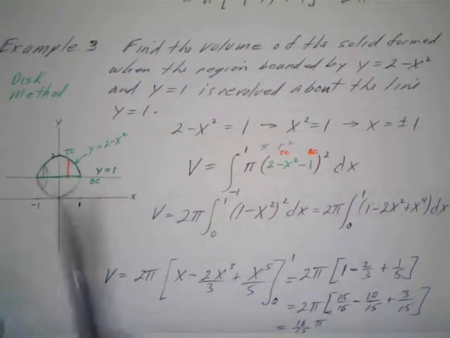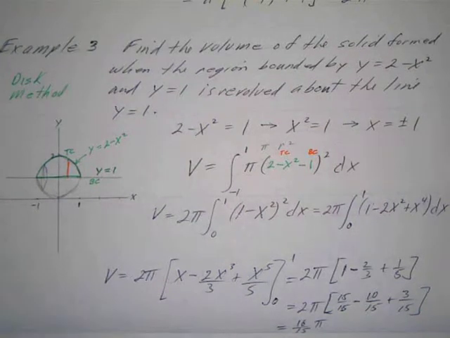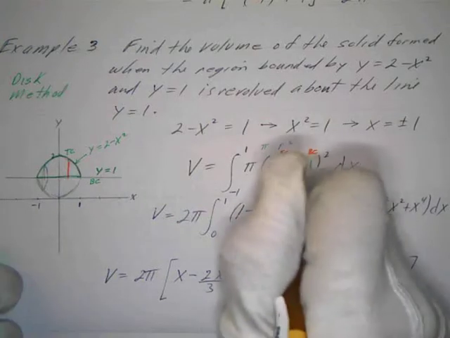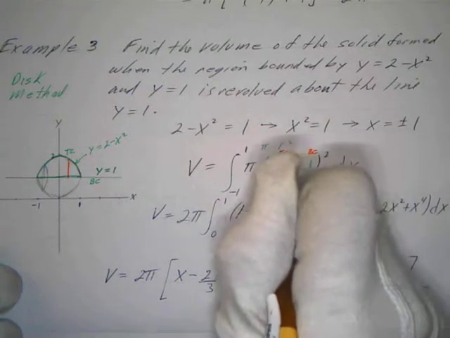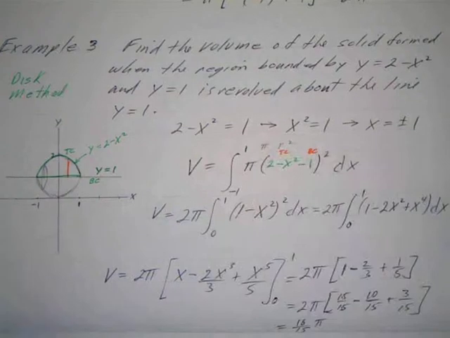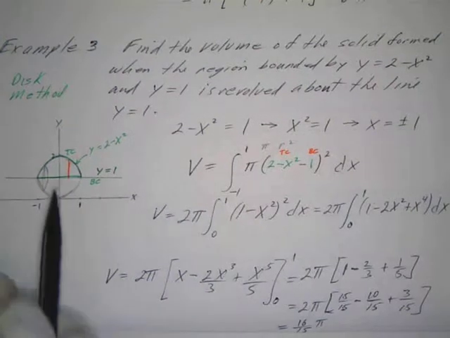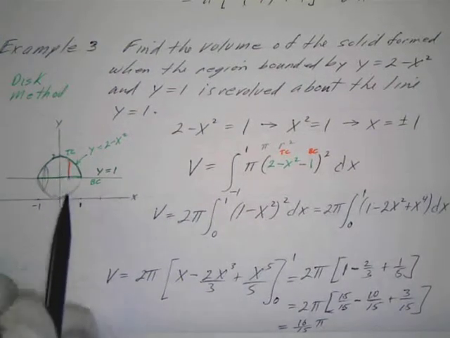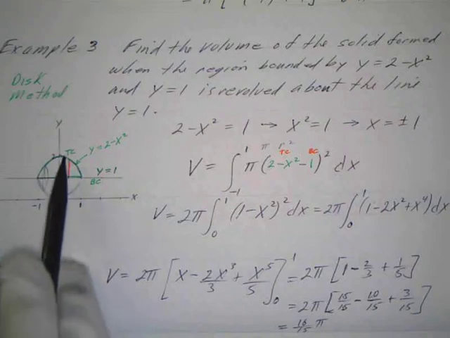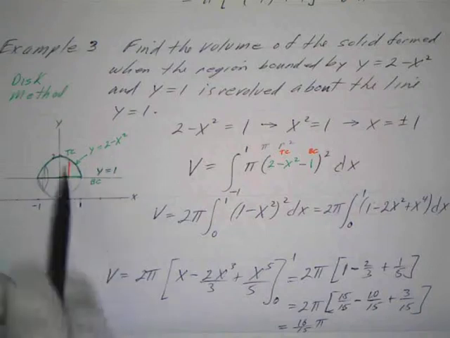So this is where we can use top curve minus bottom curve. You can do an intuitive approach, and then you can use this as a backup to check. In other words, if I want to find the height of this radius, that would be from here to here, the y, actually 2 minus x squared, but then I want to subtract from here to here.